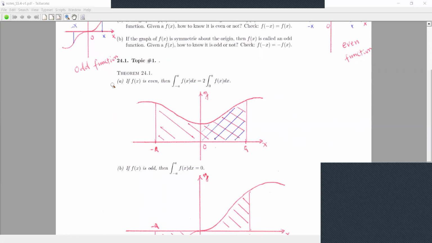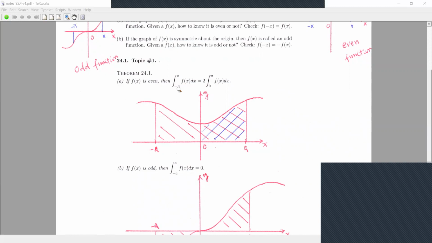Okay, now statement A. If a function is an even function, then the integral from negative a to a of the function is equal to 2 times the integral from 0 to a.